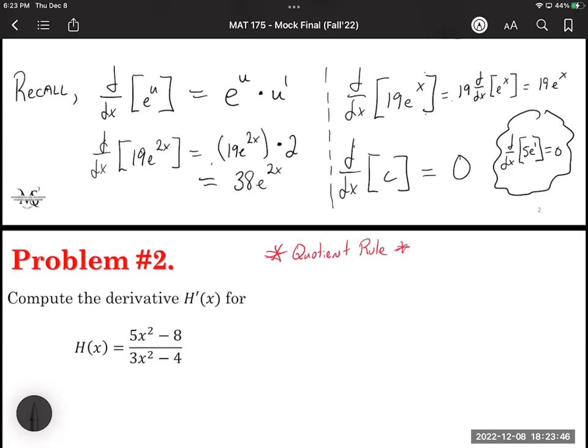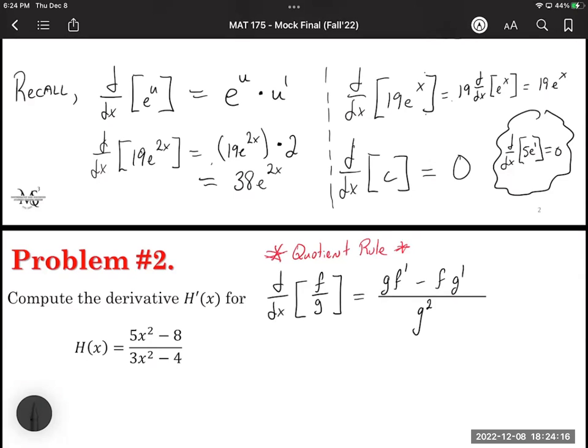All right, so the quotient rule states that if you take the derivative with respect to x of f over g, then this is equal to g times f prime minus f times g prime, divided by g squared. When you look at your function h of x, you should be able to identify your f and your g.